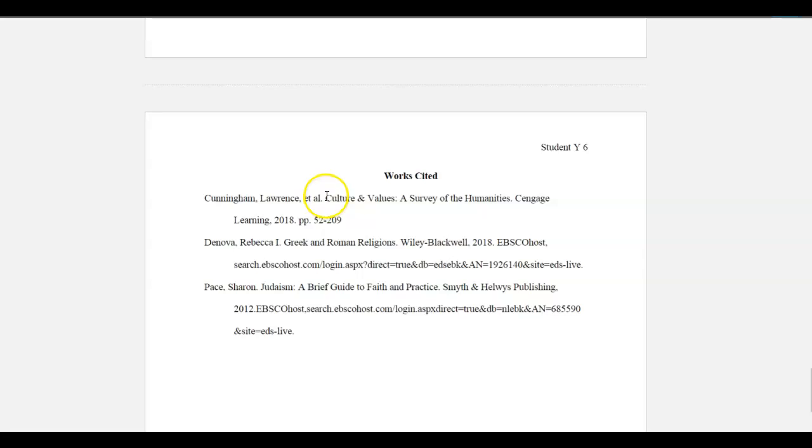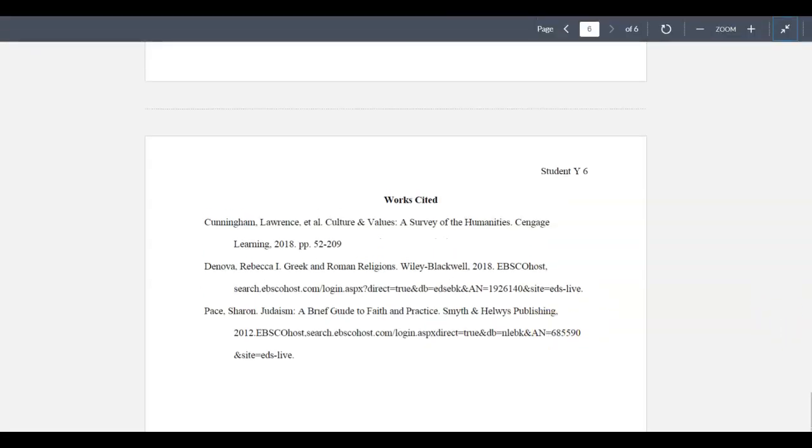Likewise up here, the title of the textbook should have been italicized. And then on this one by Pace, the title of the article should have been in quotation marks too. So to here, that should have been in quotation marks. But the formatting, other than a couple issues, meets the standards. So that's how your works cited page should look.